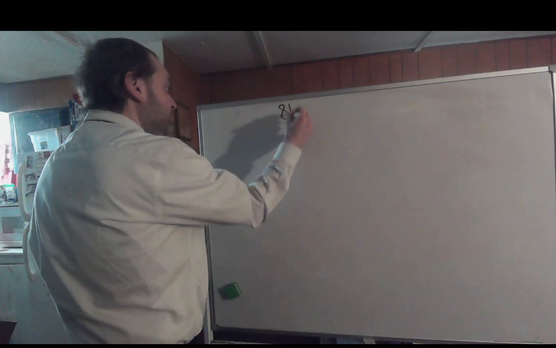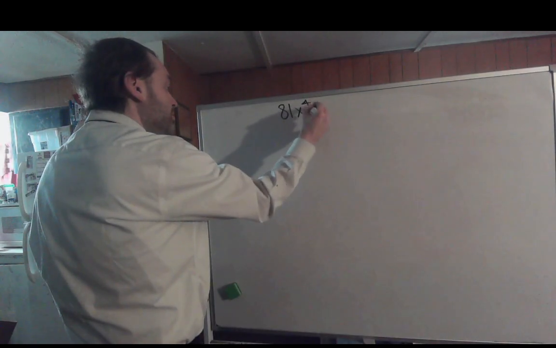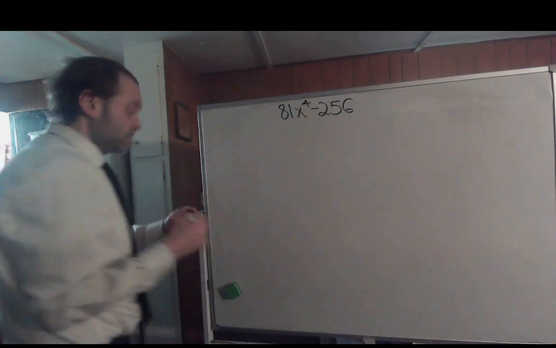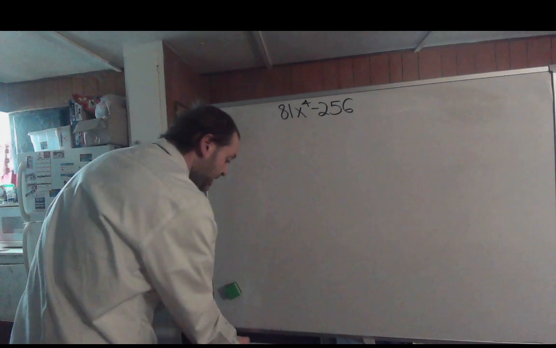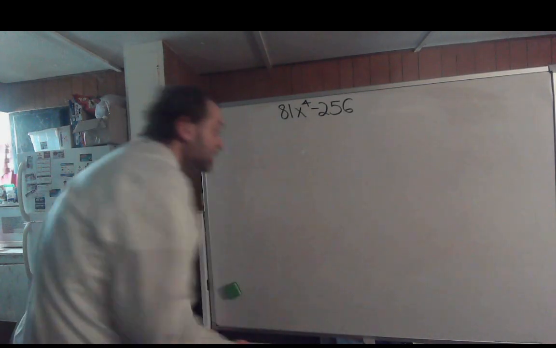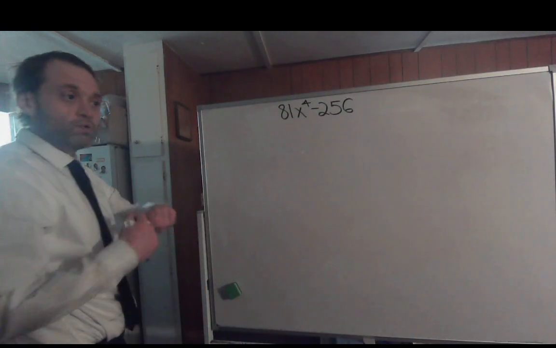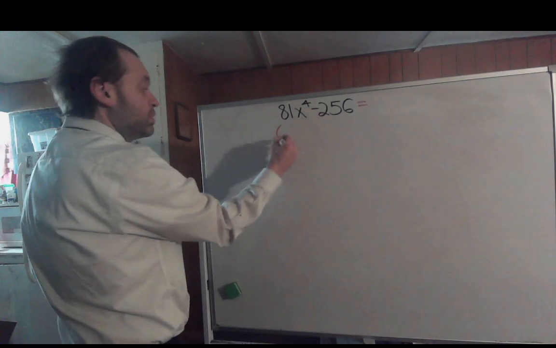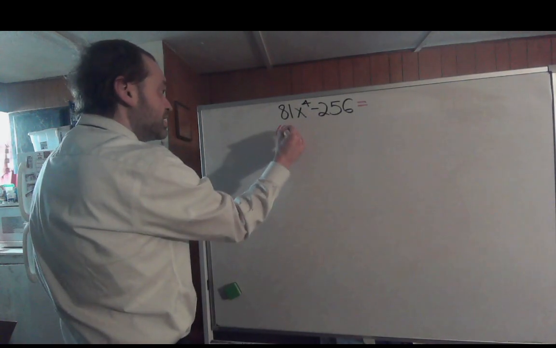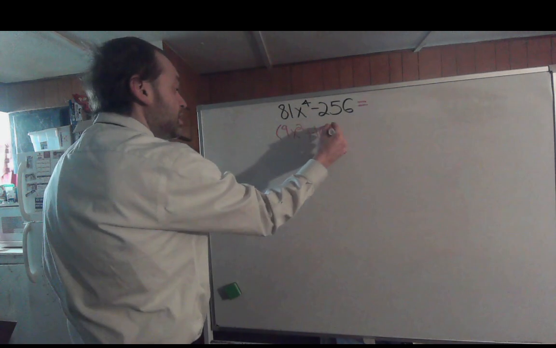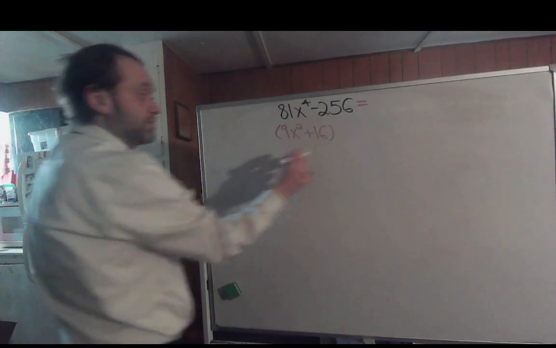So I have 81x to the 4th minus 256. So I've been given 81x to the 4th minus 256. Again, it looks like another difference of squares, right? So take the square root of each term. Well, I would end up with the quantity of 9x squared plus 16. That's definitely not going to factor any further.